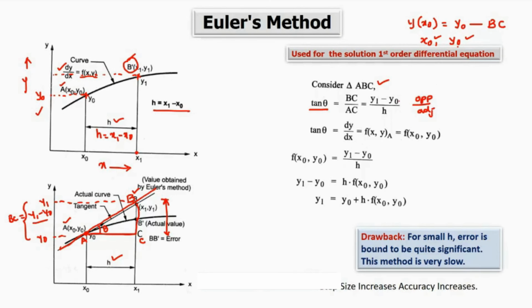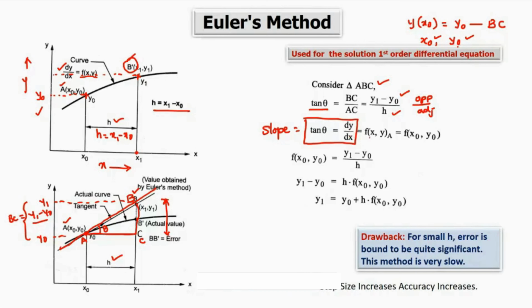So tan theta is y1 minus y0 upon h. Now, tan theta is also represented by the slope. Slope is equal to tan theta, which you can write as dy by dx.